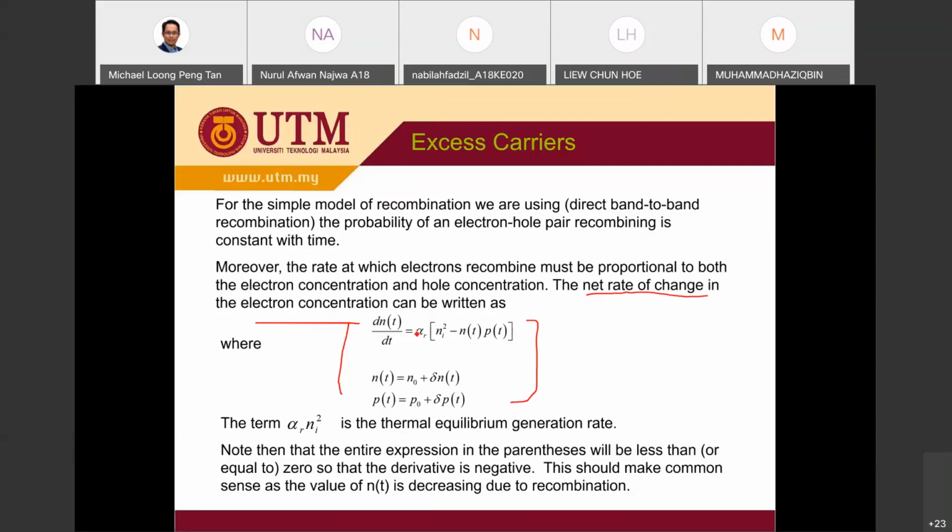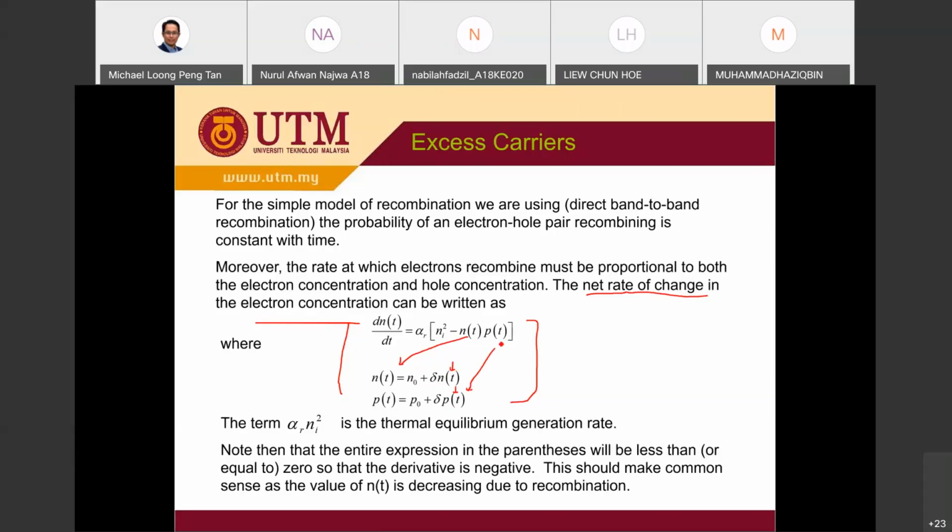So this equation is given here. What is the equation? Let's look at it. We know that ni squared is N0 times P0, right? So ni squared minus N times P. It's shown here: this one is N0 plus delta n and P0 plus delta p, but now with respect to time.